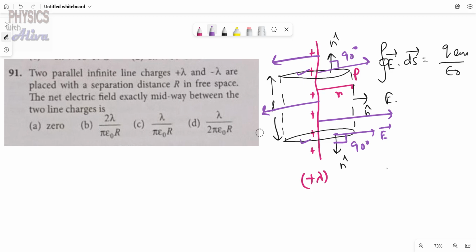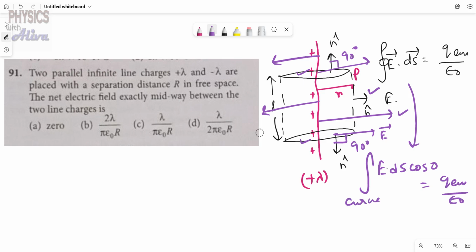For the curved surface, the angle between the electric field vector and n cap is 0 degrees. So for this we can write E ds cos 0 degrees is equal to q enclosed by epsilon naught. This is for the curved surface.